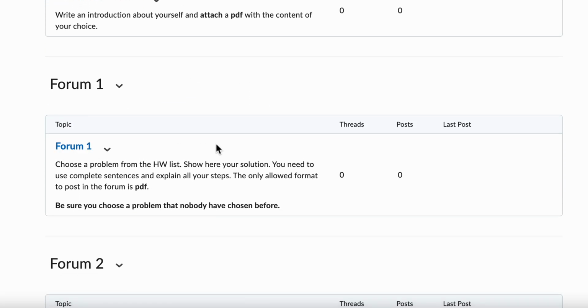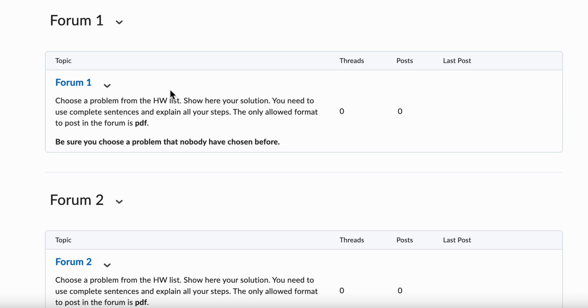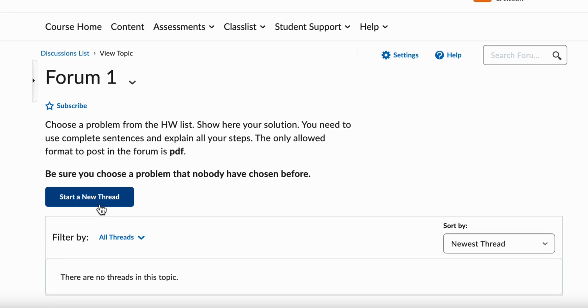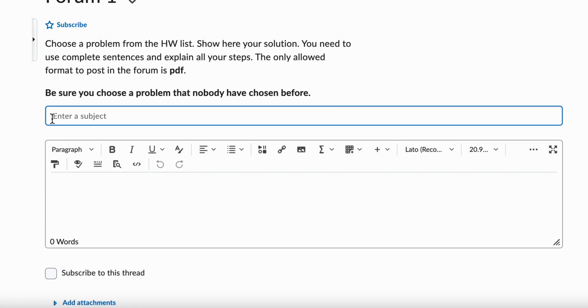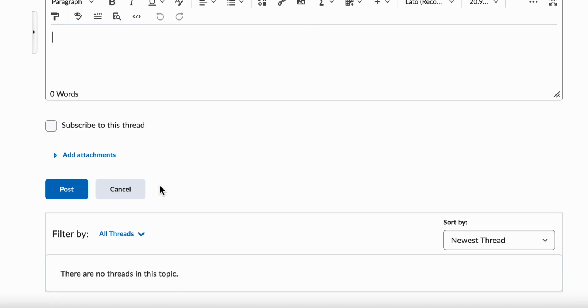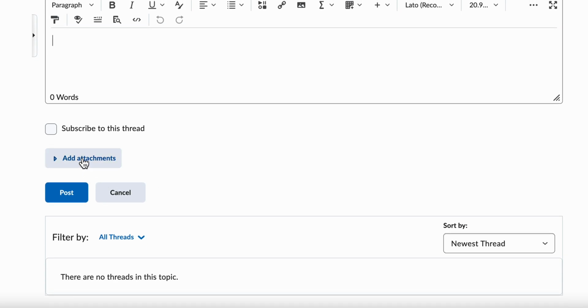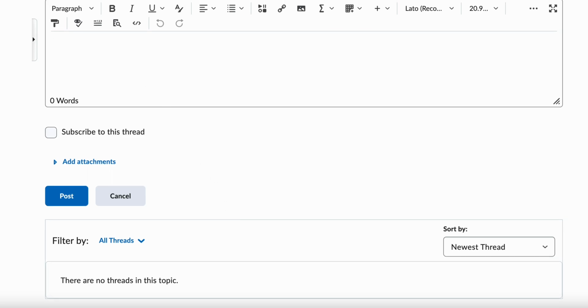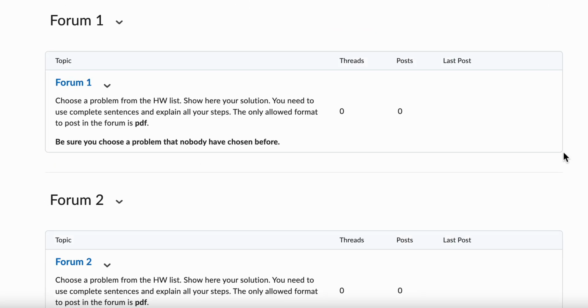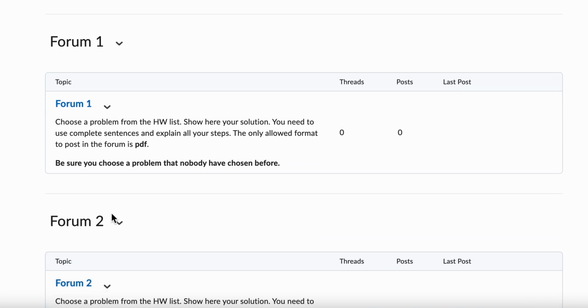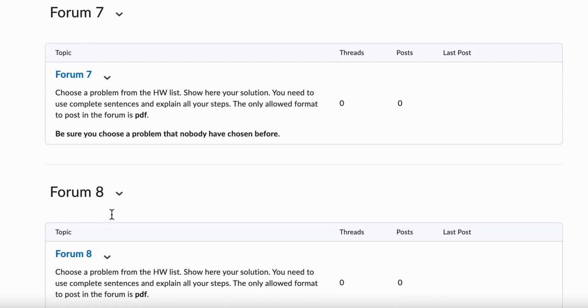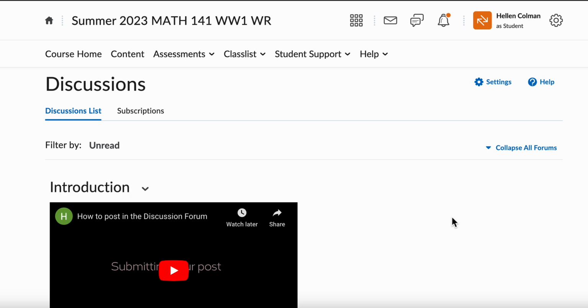In forum 1, for instance, is where you have to write your first explanation of a homework problem. So you click here, forum 1, and you do what I just said. Start a new thread, put your subject, put your content, add attachments, and attach the PDF with the solution of your homework problem. You will need to do that for each of the units in this class.